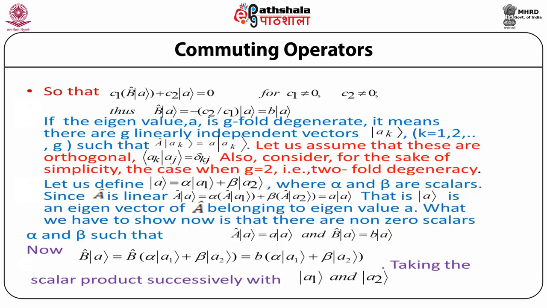So we can write operator B acting on ket vector A is equal to operator B acting on alpha times ket vector A1 plus beta times ket vector A2.